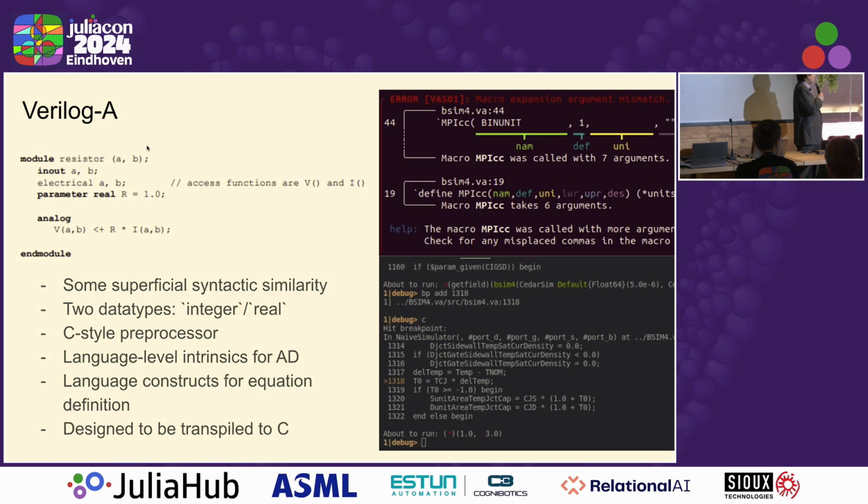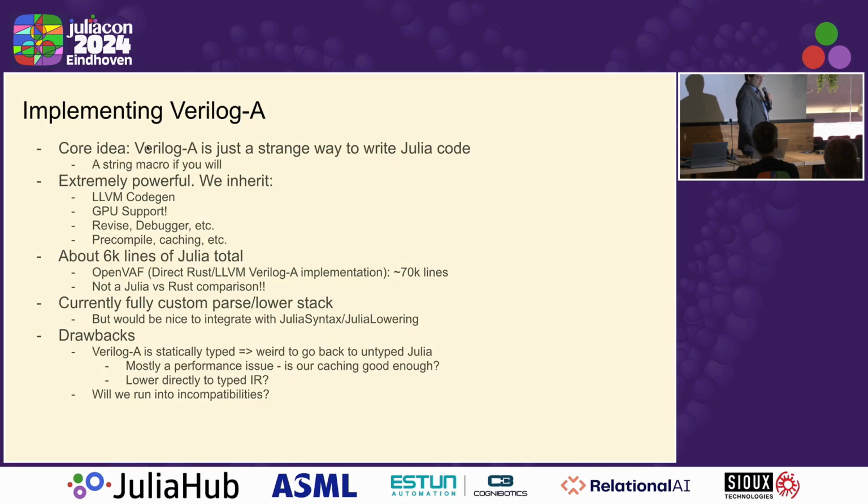It has a C-style preprocessor, unlike Julia. It has language-level intrinsics for AD, a little bit ahead of its time there, since it's from the early 2000s. I think AD didn't really become popular as a concept until deep learning. It has language-level constructs for these equation and variable intrinsics that I mentioned, and was originally designed to be transpiled to C. So how do we implement this?